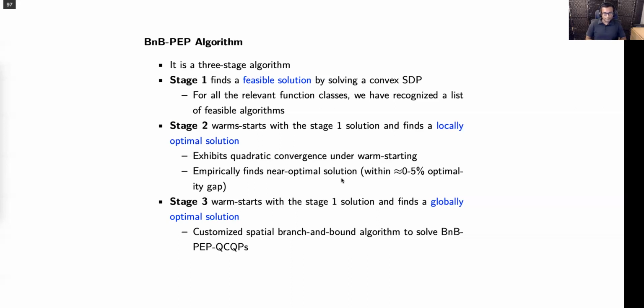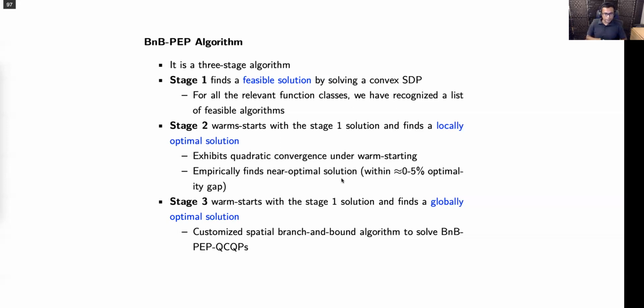Empirically, we find that under good warm starting, stage two itself almost always finds a near-optimal or optimal solution in many cases. By near optimal, I mean that the relative optimality gap is often between 0 and 5%. So even at stage two, we are able to discover a better algorithm compared to the stage one solution.